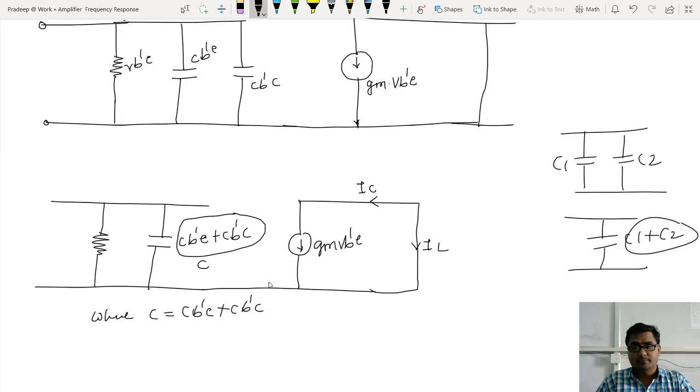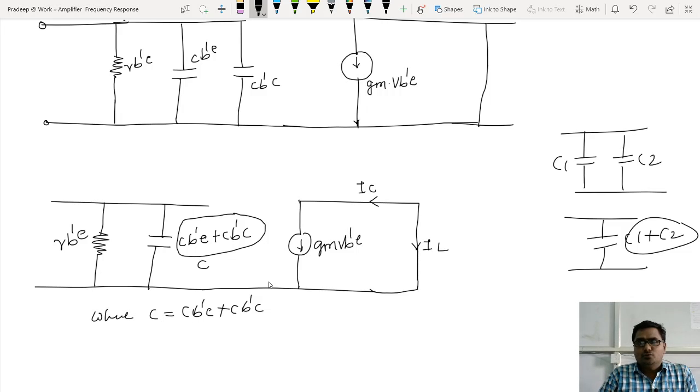Both are the same in magnitude but opposite in phase, but whatever it is, we have to show it. You can call the capacitor at the input side C only, or C B dash E plus C B dash C, it's up to you. Now what is the value of the resistor? It is R B dash E.